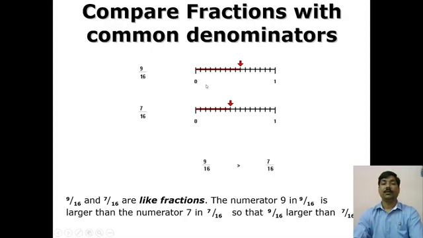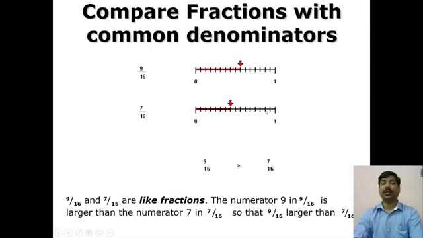So we divide the part between 0 and 1 into 16 equal parts and take 9 out of them. So this point represents 9 upon 16 on the number line, and this represents 7 upon 16 on this number line.